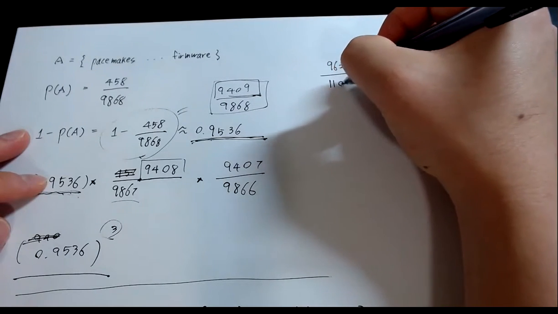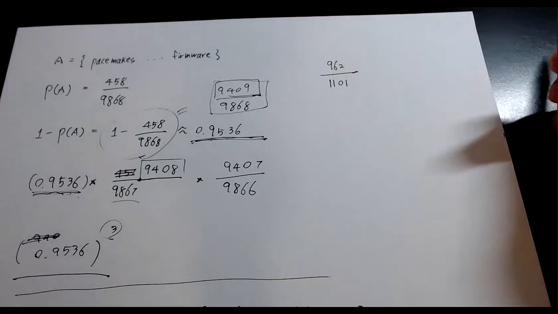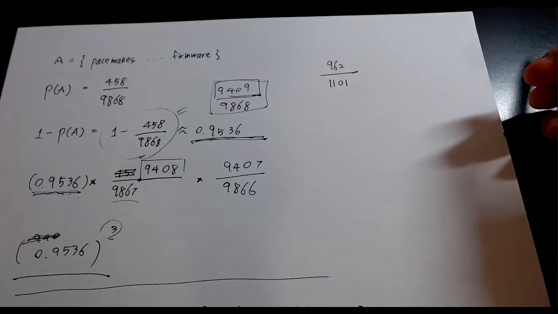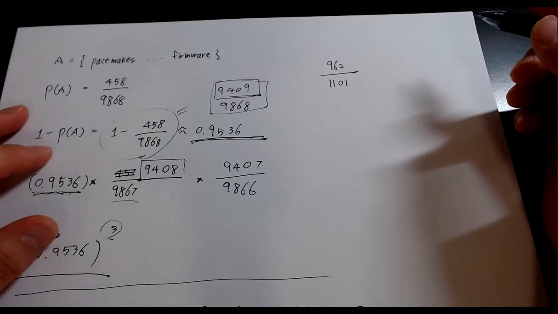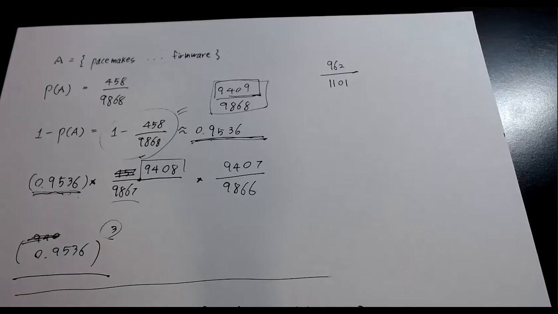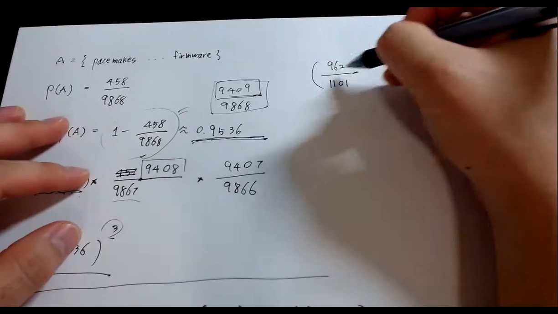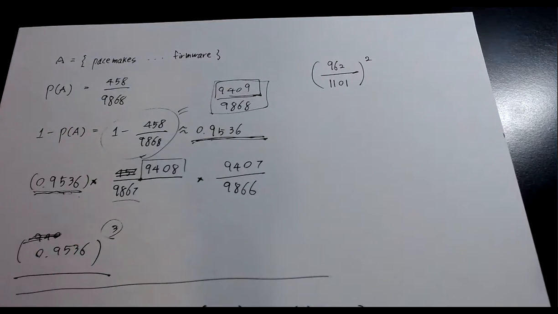divided by 1101. That's the probability that a randomly selected order is an accurate order, right? The question is to figure out the probability that two randomly selected orders are accurate. That's going to be this one squared, because replacement is allowed.